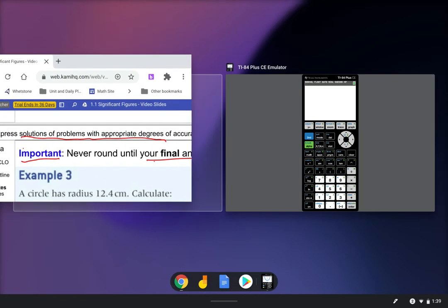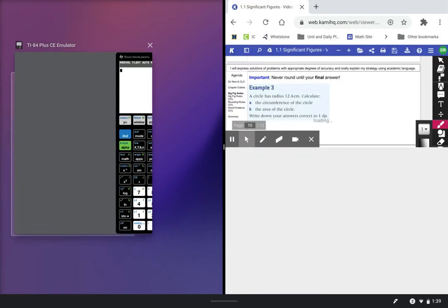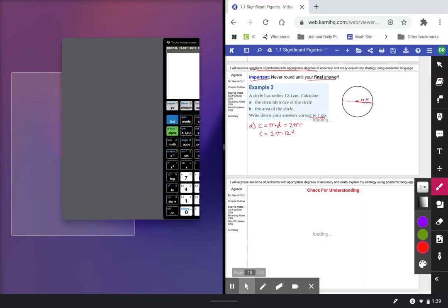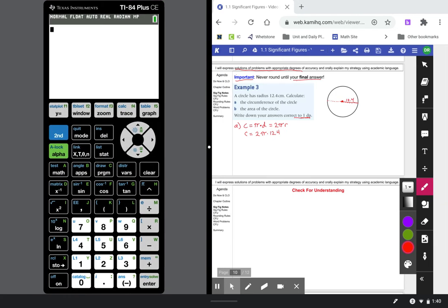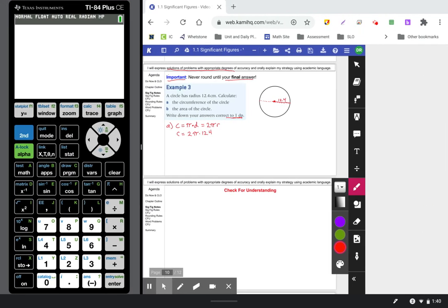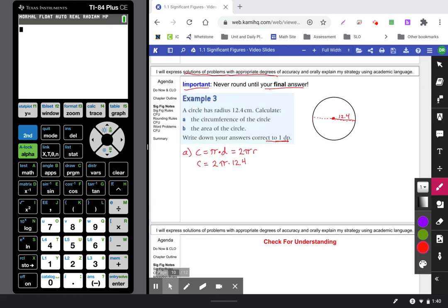We always want to use those unrounded values. So we need to actually use the pi button on our calculator. I've got this calculator set up. This should be the same one that's on your Chromebooks that you can use. Just go to the search and type in TI or calculator, and it should come up. And we're going to actually use that pi button.